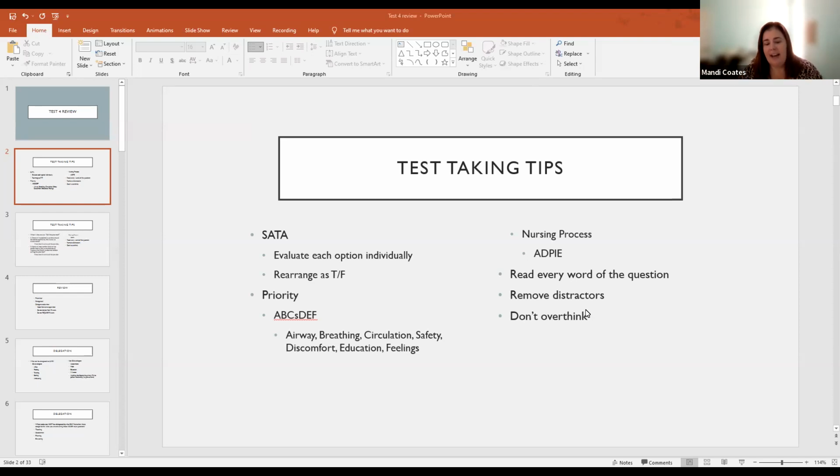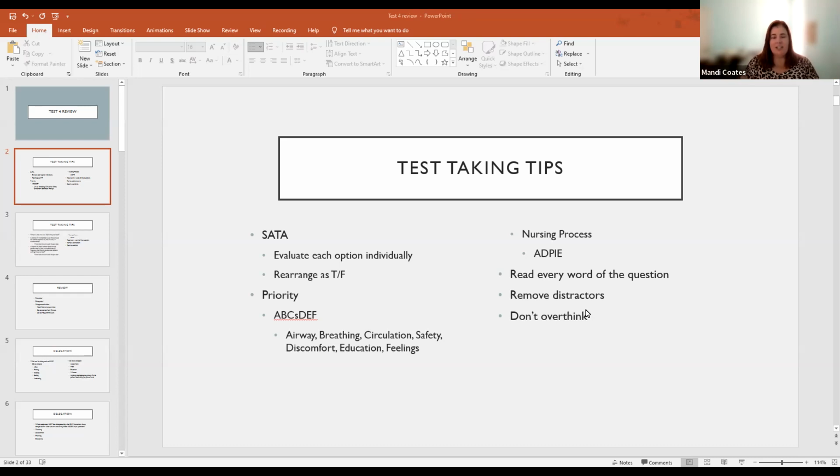So when we're looking at which is the priority, ineffective tissue perfusion versus impaired physical mobility, circulation is going to be a little bit more important. If we're talking about pain versus, again, tissue perfusion, perfusion is going to come first.